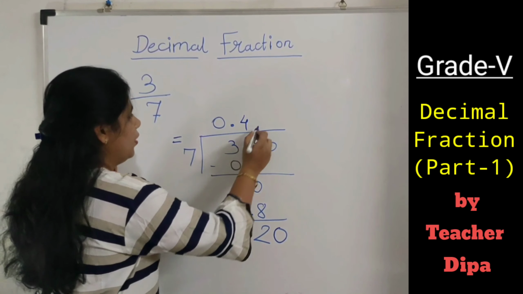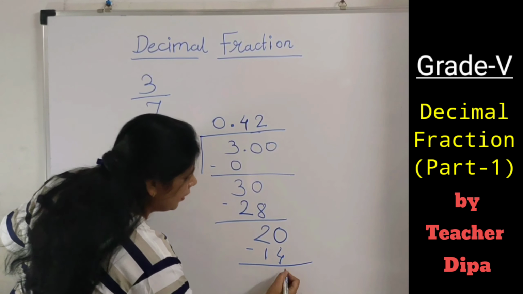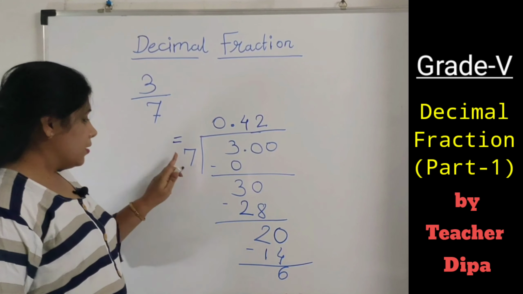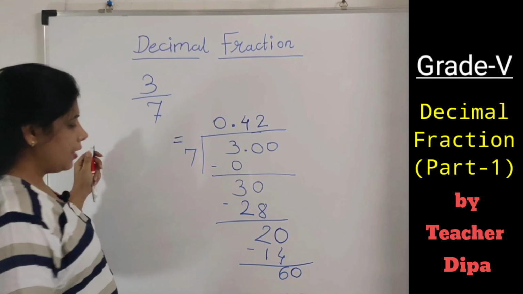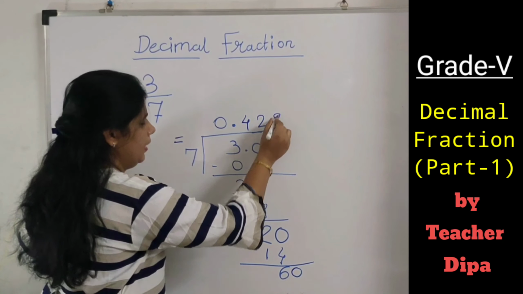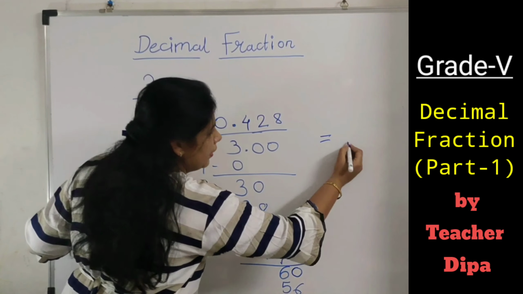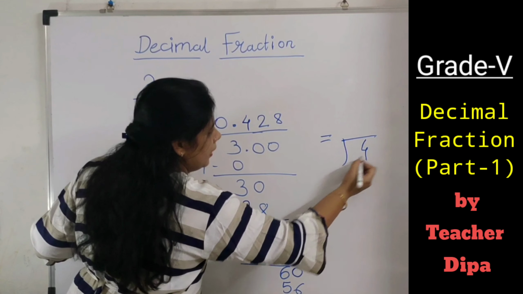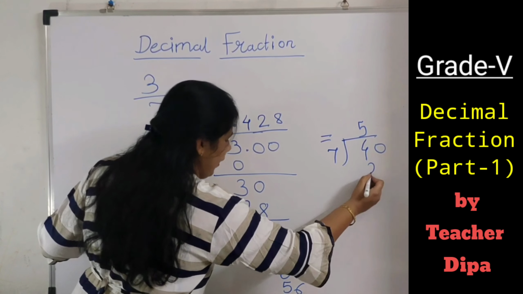So 7 2s are 14, we can write over here. Here we will get 6. Again 0 will come because we cannot cut 7 from 6, so again we give a 0 here. So 7 8s are 56, and here I can continue. Here we will get 4 again. Again I write 0 over here, and 7 5s are 35.